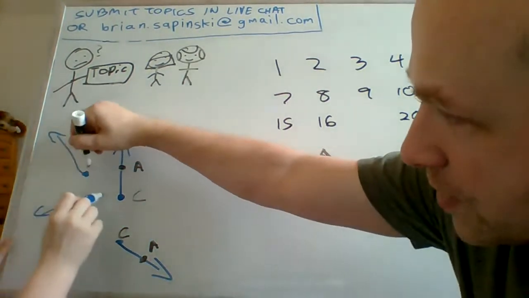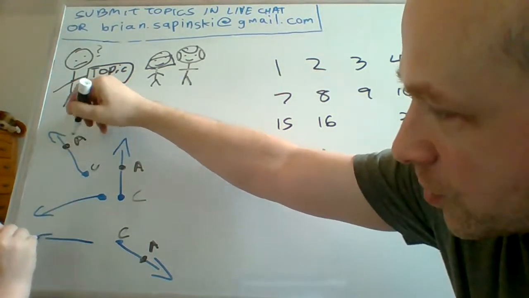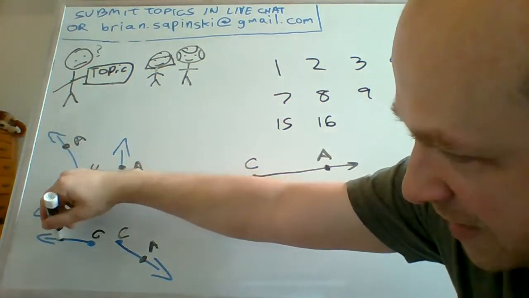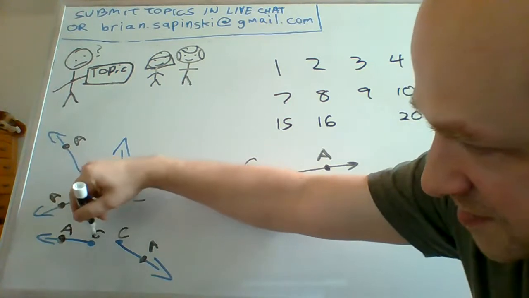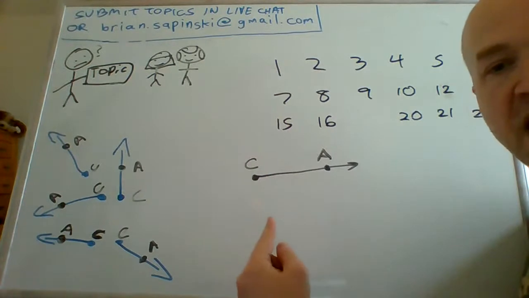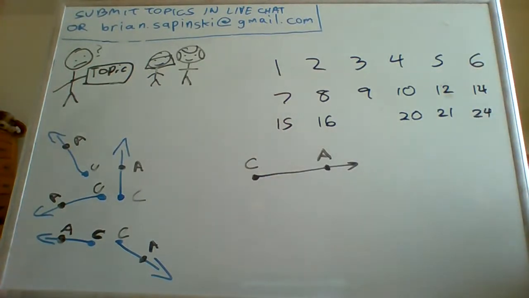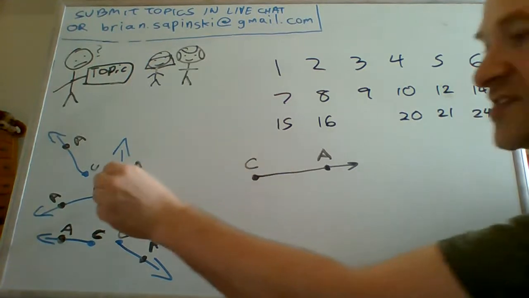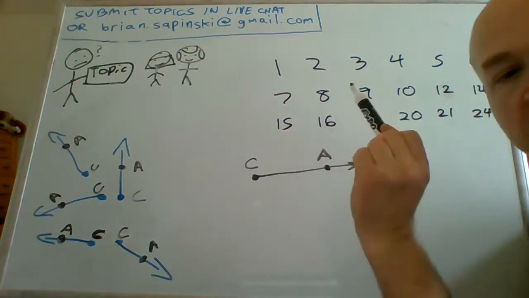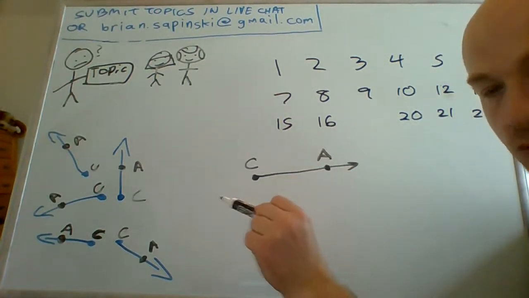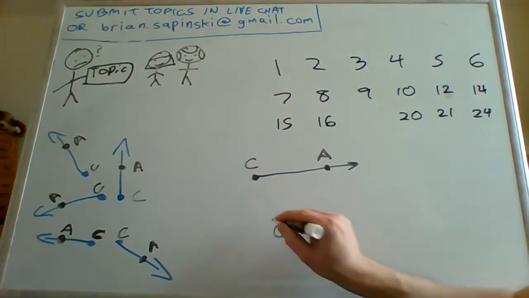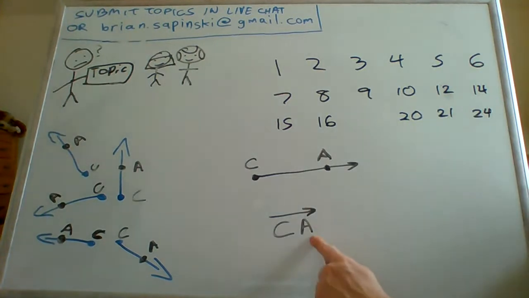But now notice in all of these setups, for all of these rays, I've written them the same way, Hans. Regardless of which direction any of these rays travel in, they all start from the same one point. They all begin from point C. So knowing that C is the beginning point of the ray in all of these circumstances, when you name the ray, you have to put the C first and then the A second.